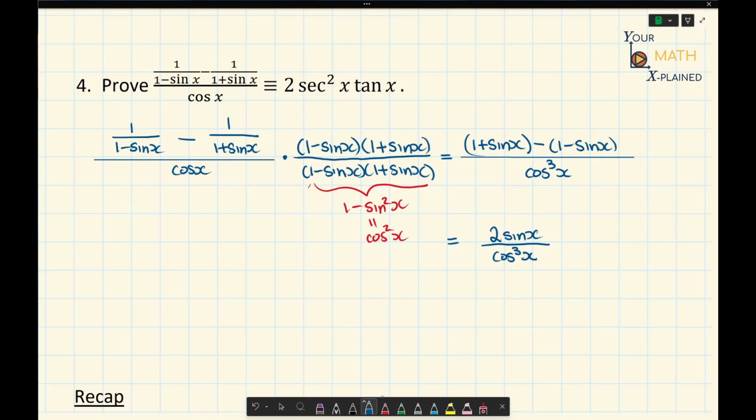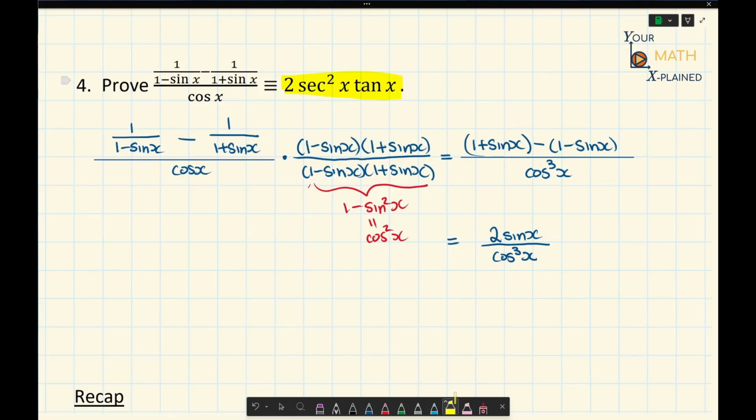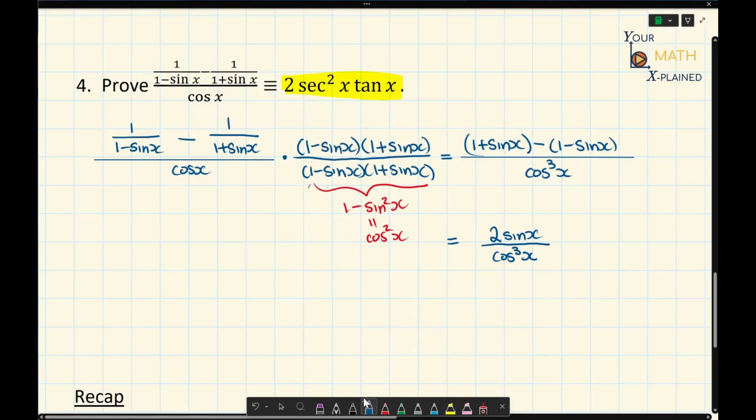Now comparing what we have to what we want, which is what's on the right-hand side, we have that 2, and then we can see that we have a secant squared x and a tan x. So that tells us we should use our quotient identities here to simplify this.